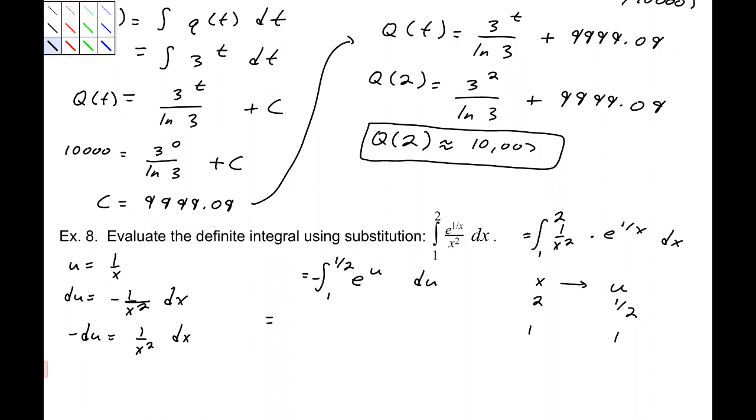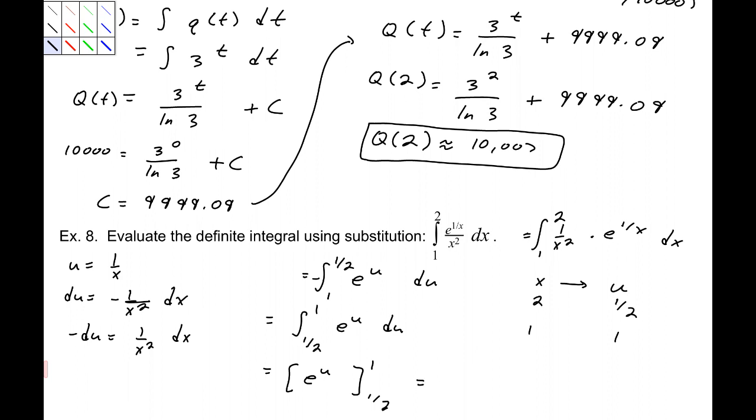Next thing I'm going to do is put these in order because we have some properties of integrals, and that is we can convert this to the integral from 1/2 to 1, changing it to positive from negative, and that is e to the u du, which makes this e to the u evaluated from 1/2 to 1.